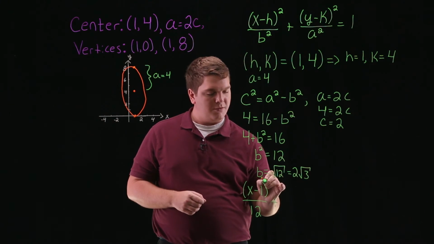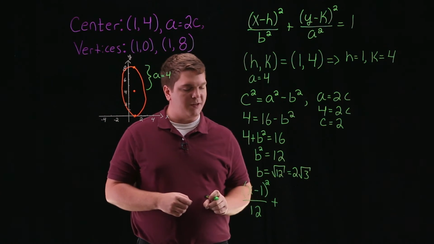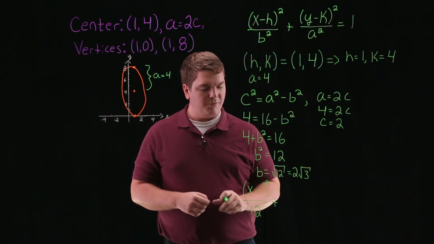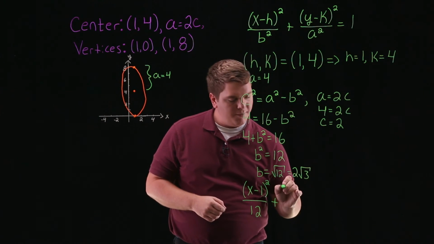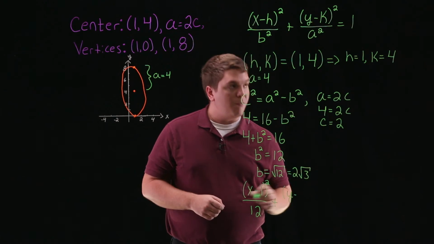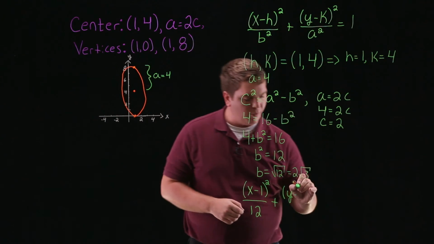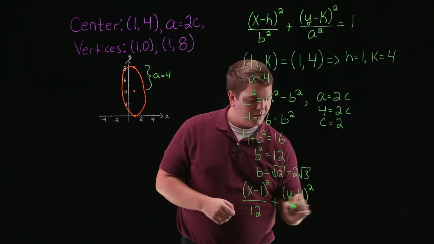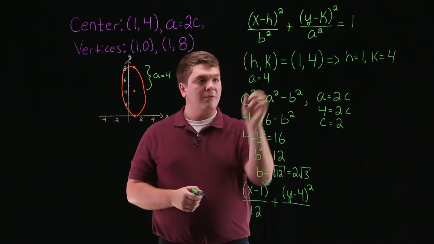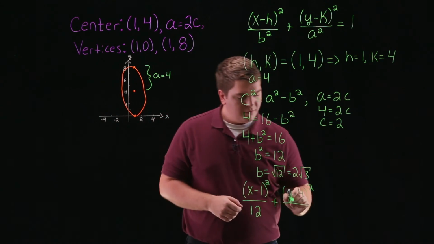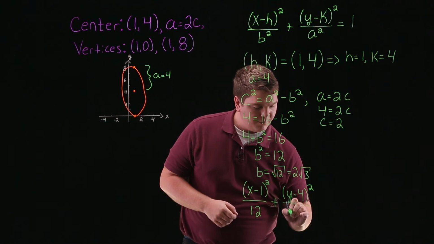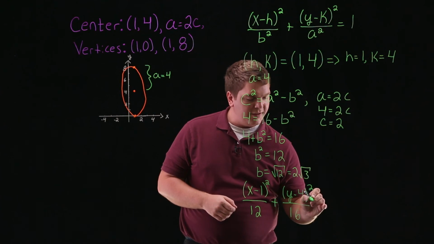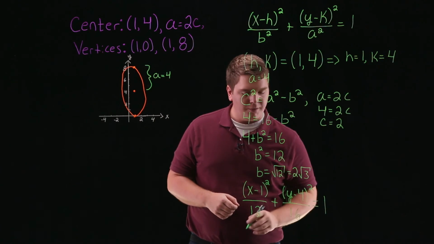So we have (x minus 1) squared divided by 12, plus y minus k. We found k to be 4. This quantity squared divided by a squared. We found a to be 4, so 4 squared is 16. And this is equal to 1.